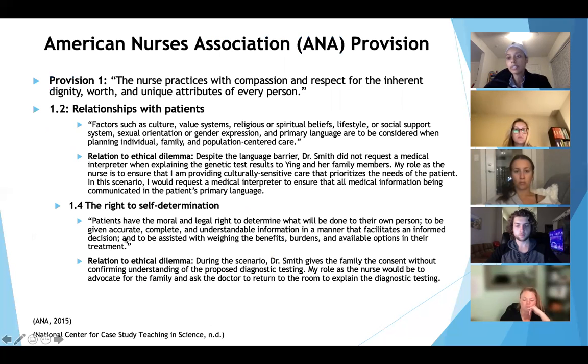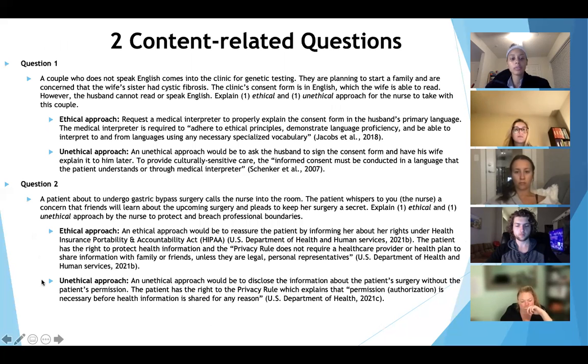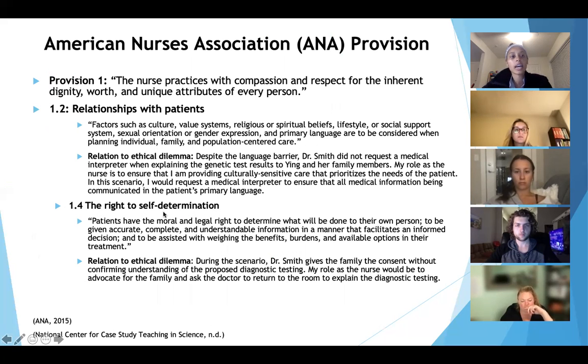All right, now it's important to tie it all together and see how this case directly relates to the American Nurses Association provisions. The provision that stood out most to me was provision 1, and I'll read it here. The nurse practices with compassion and respect for the inherent dignity, worth, and unique attributes of every person.